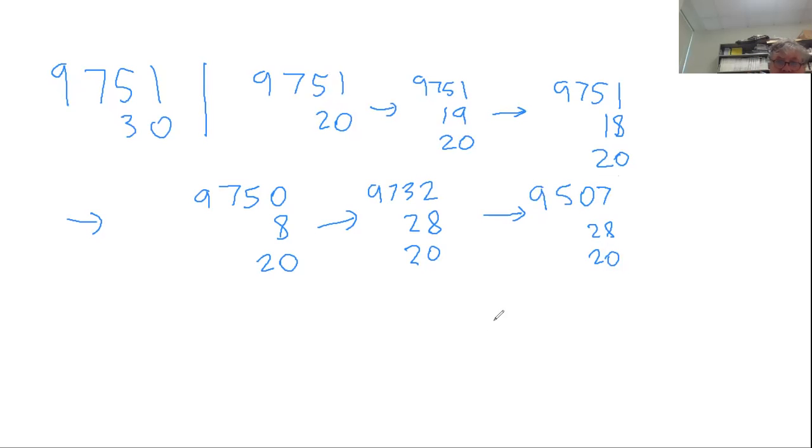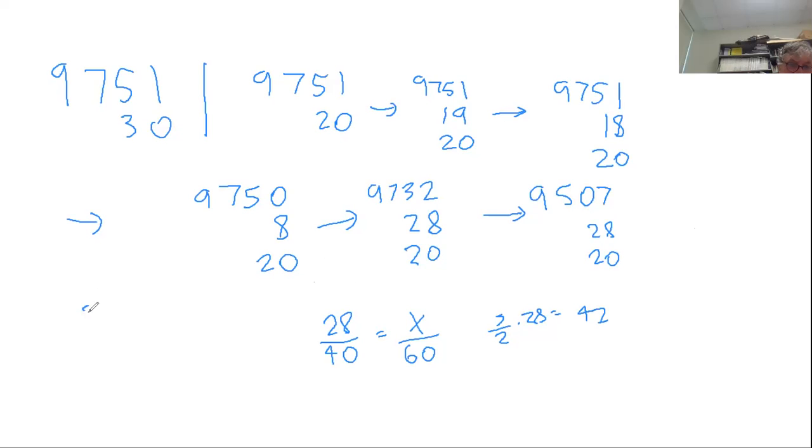Okay, and now we've got to convert back to base 60. So 28 on 40 equals what on 60? We have to multiply the 28 by 3 halves. 60 on 40 times 28 is 42. And then I've got to convert the 20.